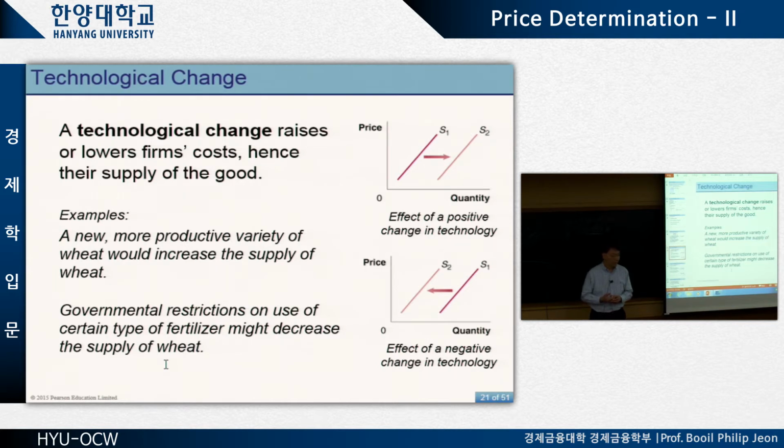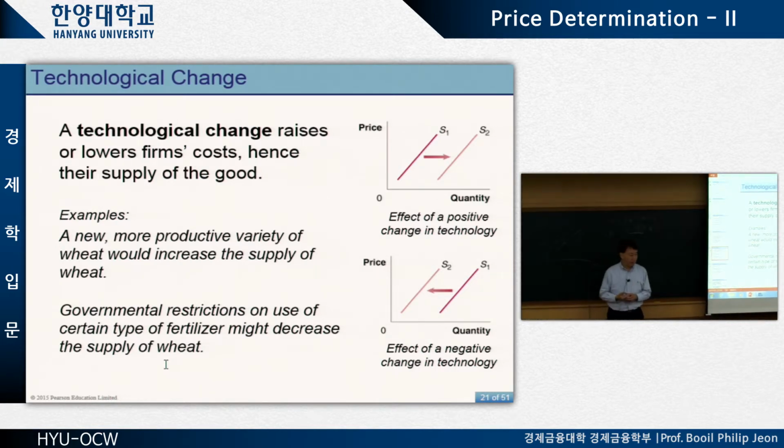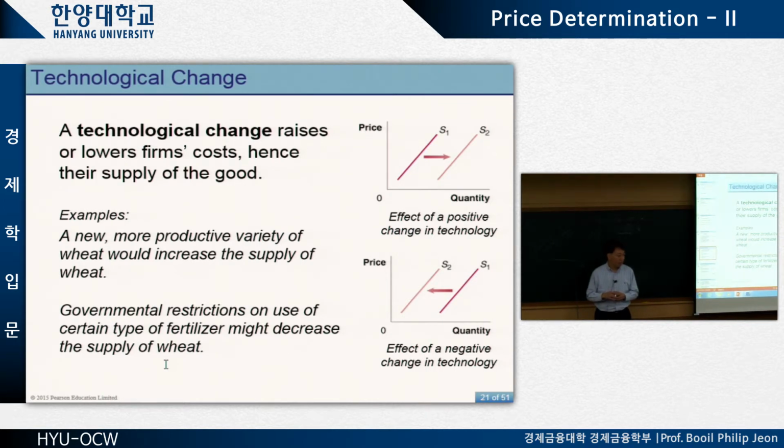What's the use of it? It means less resources. It means you can use less amount of resources while producing the same amount of output. That's it. So that's what a better technology means.